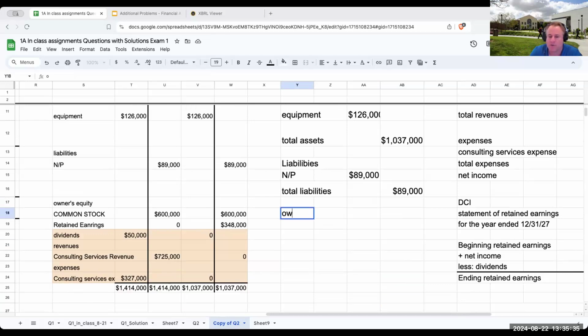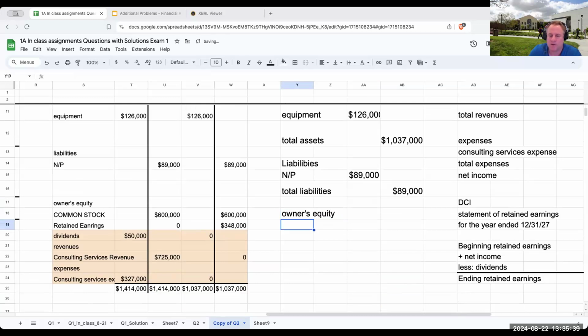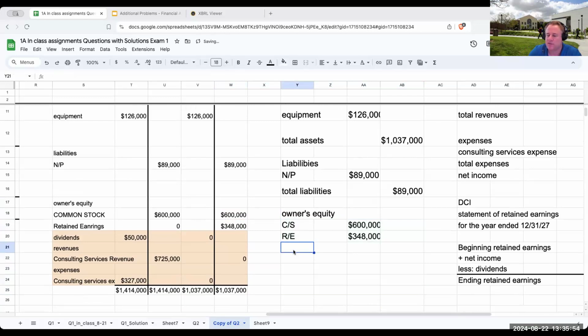Coming over here, I've got owner's equity. Right, I've got common stock, and we can abbreviate, at least you can in my class. And then we've got retained earnings. My common stock was 600,000. My retained earnings was 348,000. The retained earnings tells us how much the company is keeping of that net income.